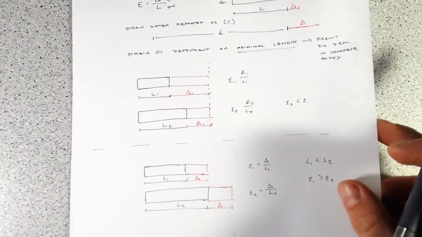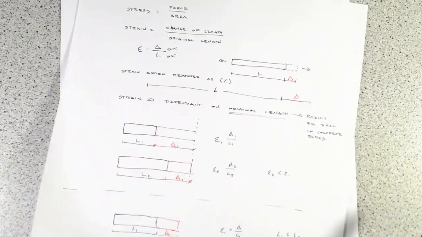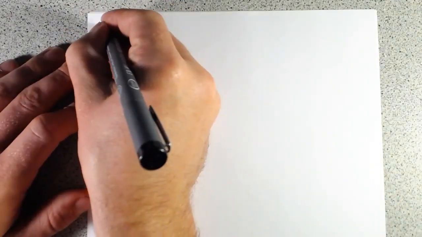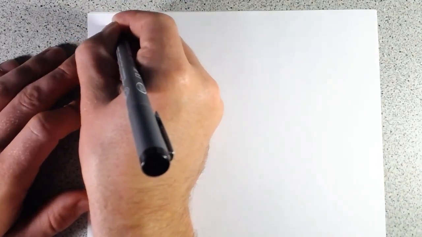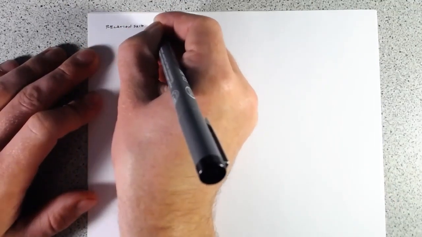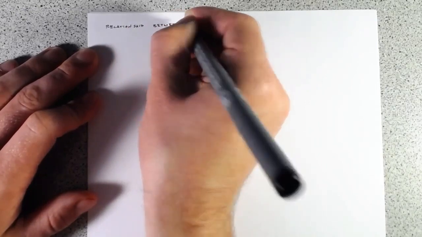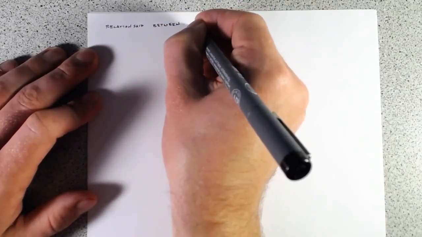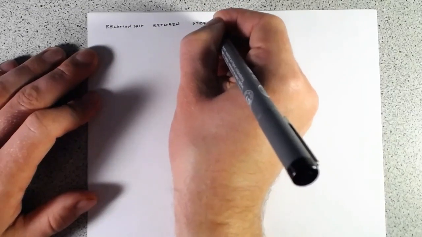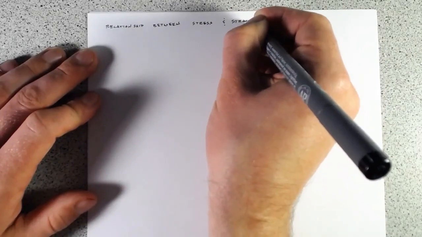Now we talked a lot about strain, a lot about stress, but what's our relationship between these two? Well, what we'll do is we'll use the example of a steel bar. So we'll look at the relationship between stress and strain.